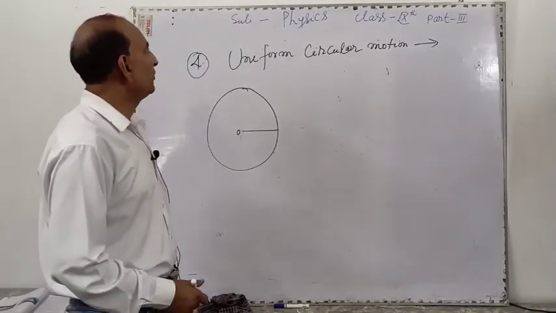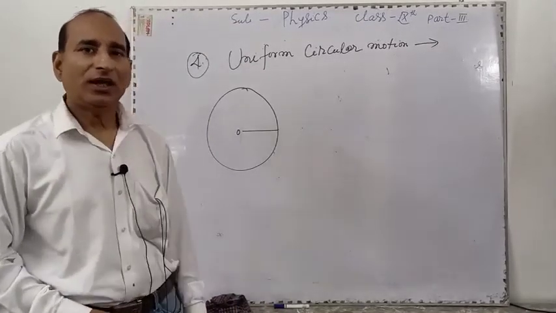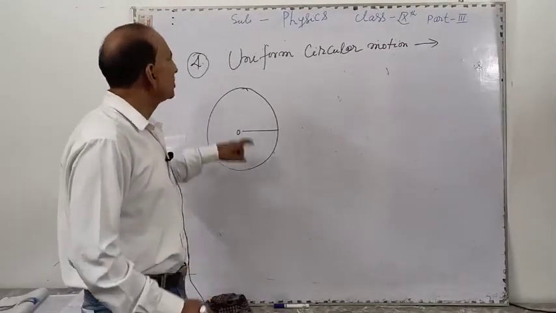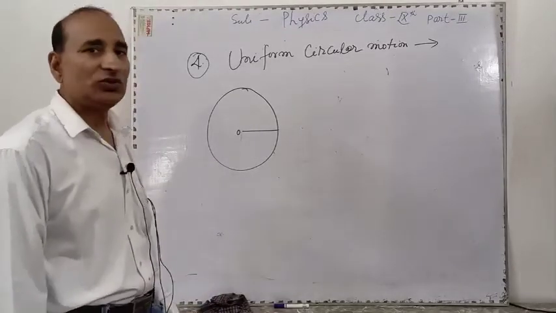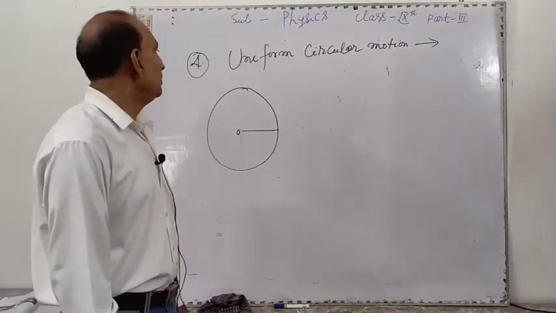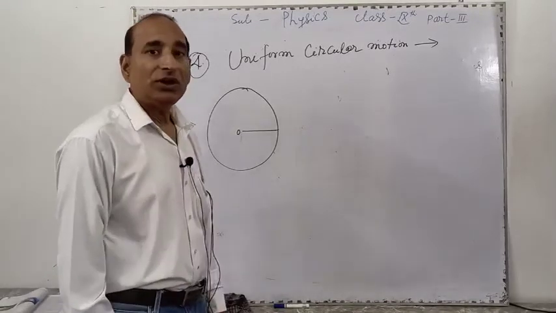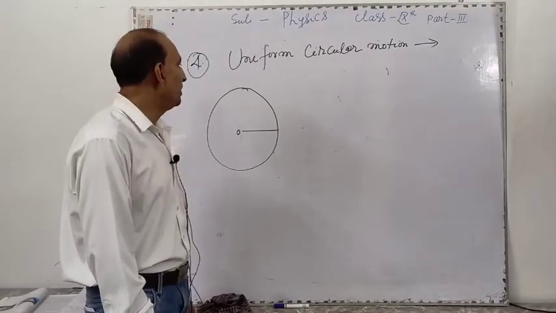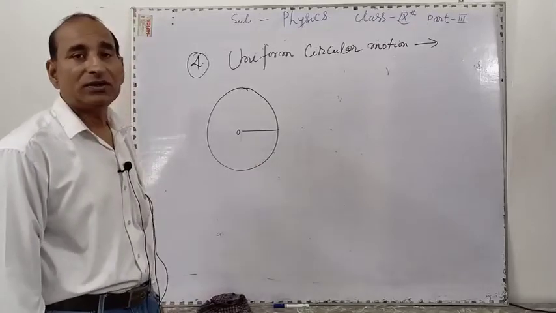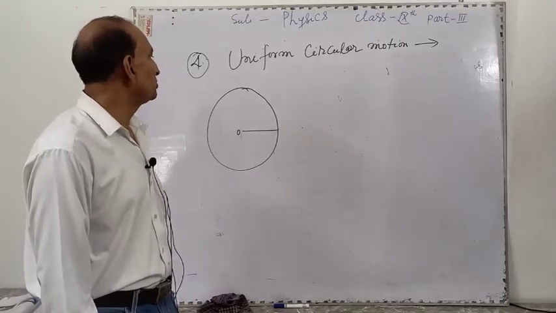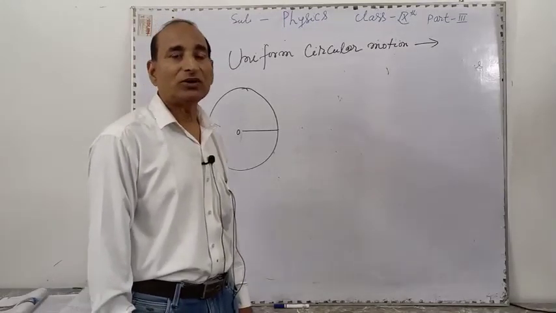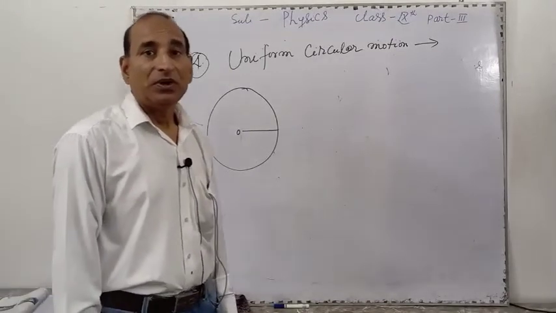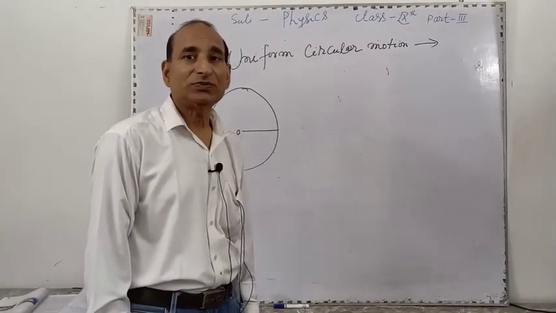Fourth topic is uniform circular motion. When a body moves with uniform velocity in a circular path, then this motion is called uniform circular motion. You know that the speed of the body is uniform, but its motion is not uniform, because at every moment the direction of its velocity changes.